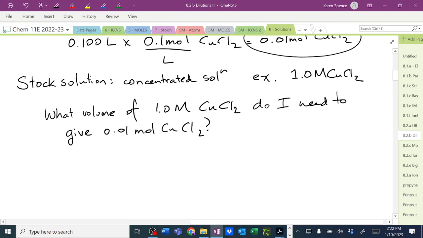Now, it's been a little while since we've done this, so I'm going to remind you that you should always rewrite molar as moles per liter.